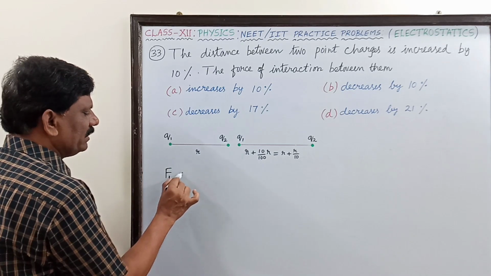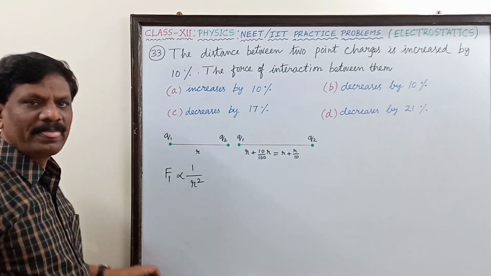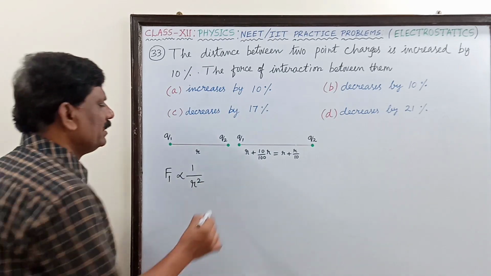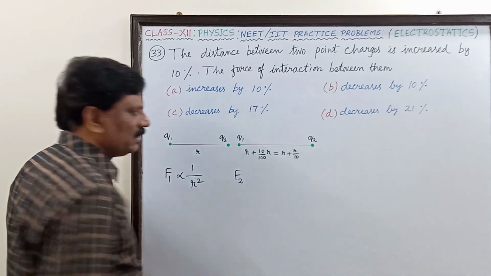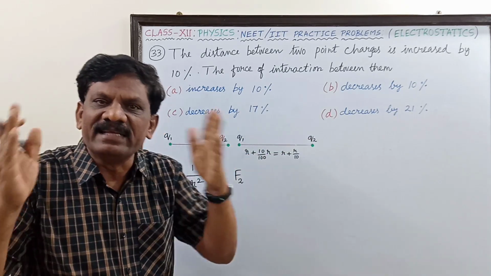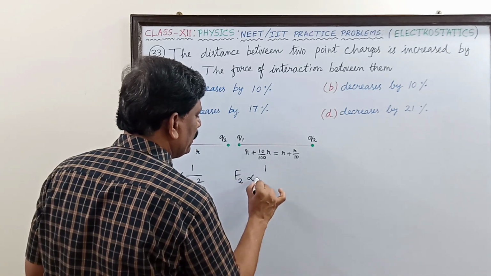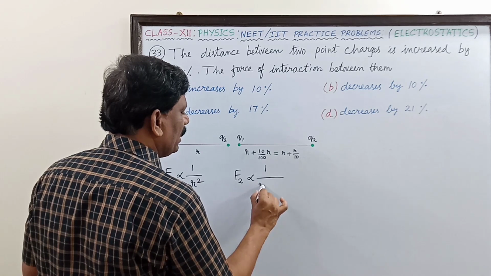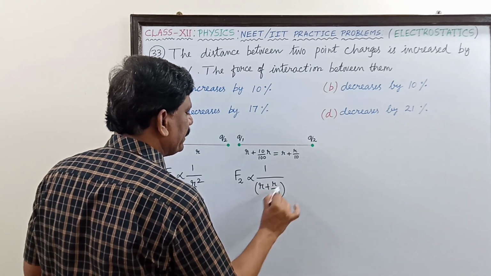So this is inversely proportional to R square. Okay. And here F2 I will take, force between the same two charges after the distance has increased by 10%. So this is proportional to 1 divided by R plus R by 10 the whole square.